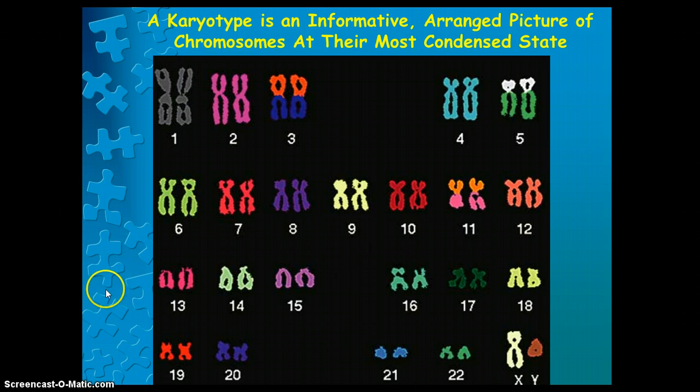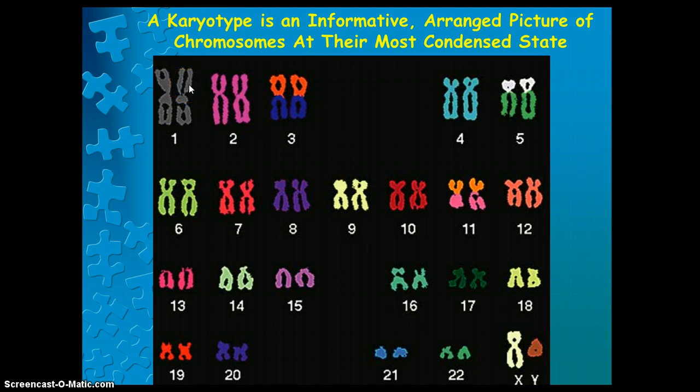So here we have what we call a karyotype. And this is just a picture of your chromosomes. It's really neat. We can actually freeze your cells in metaphase, and we can make a little map of them, judging by how long they are.